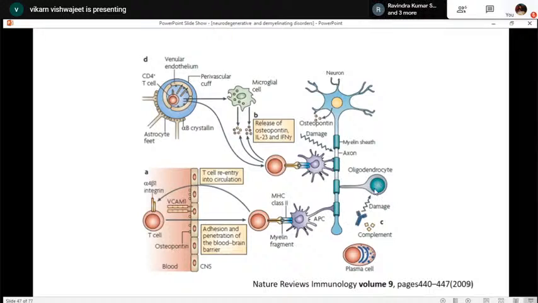In addition, there is production of antibodies by the plasma cells as well. So the plasma cells produce antibodies which further damage the myelin sheaths. So this is the pathogenesis of multiple sclerosis.